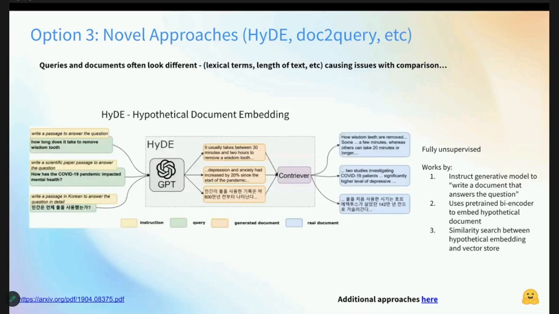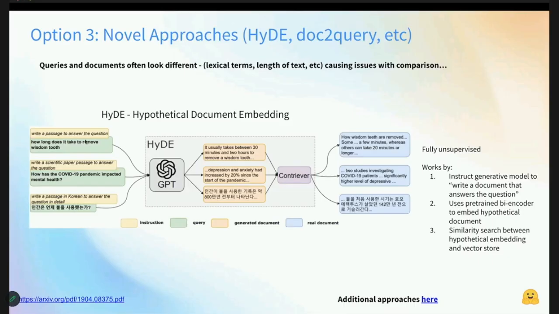Similar to doc to query is a newer one called HyDE, or hypothetical document embeddings. It's similar, but the difference is that the generative piece is done at inference time rather than at index time.